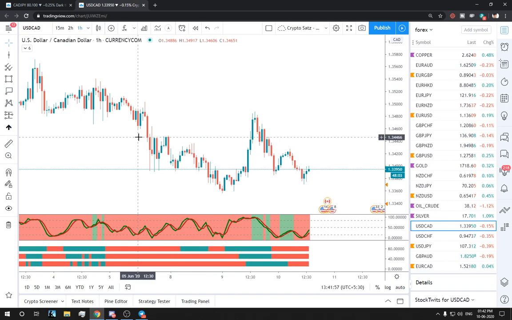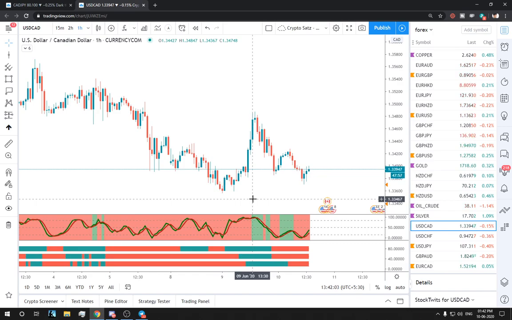USD CAD, so we had a fresh long over here.